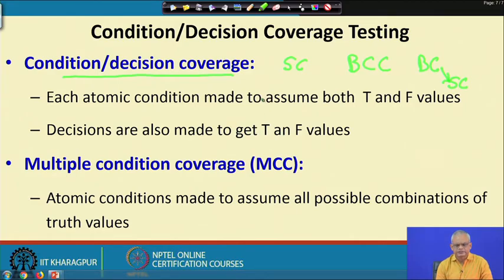So, you need test cases for those, and therefore, this is a stronger testing than the basic condition testing or the branch coverage testing, because it achieves both of these.